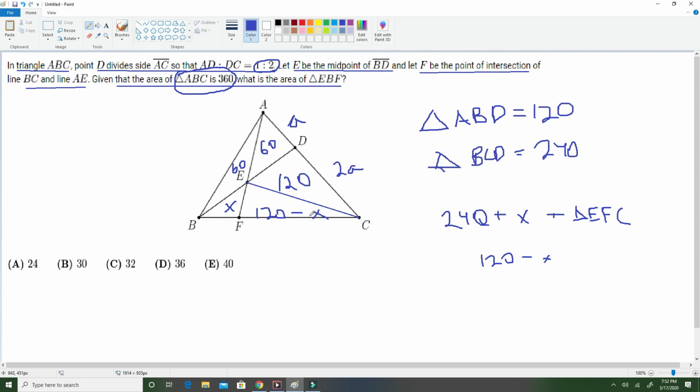Now that we know all these areas, we can do the reverse of what we did to get them. To get these areas, we compared the bases and created areas based on those. But now, using these areas, we can create relationships between the bases.